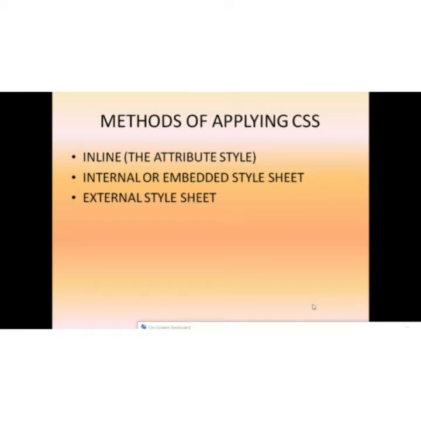So for this you have to repeat the style for every element, so it is not that efficient. But in an embedded style sheet, if you apply any style, it will affect all the elements of that type. Okay, and then the last one is external style sheets.